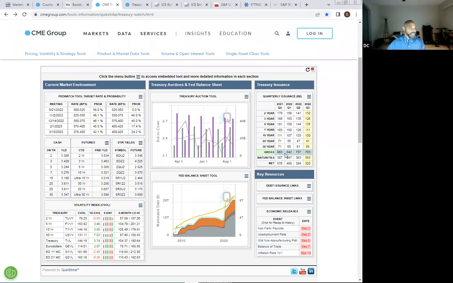So the government gets money by tax receipts, and that's how they spend money. If they spend money above the tax receipts that they bring in, they have to finance that. How do they finance that? They sell bonds. Well, if you look at this, they're selling less bonds. What does that mean? That the government has a restrictive fiscal policy right now.